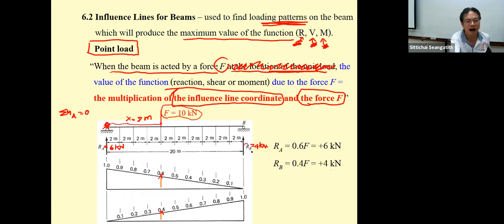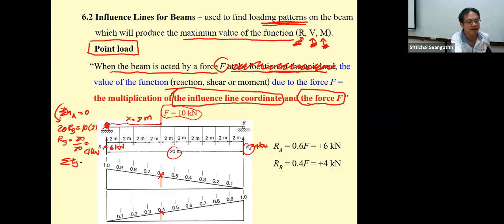We have R sub B times 20, positive, equal to 10 times 8. So R sub B is going to be 80 divided by 20, so it's going to be 4 kilonewton.